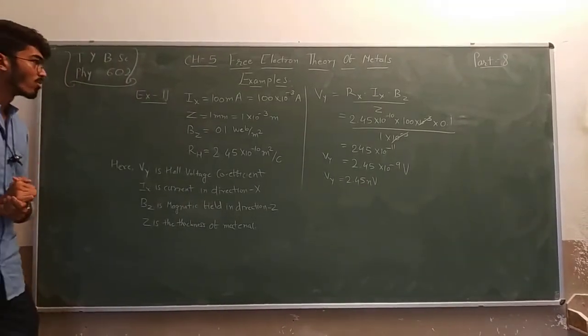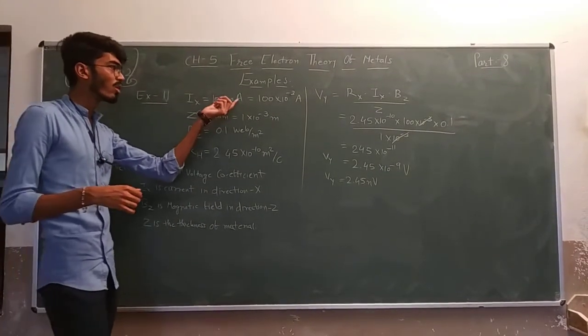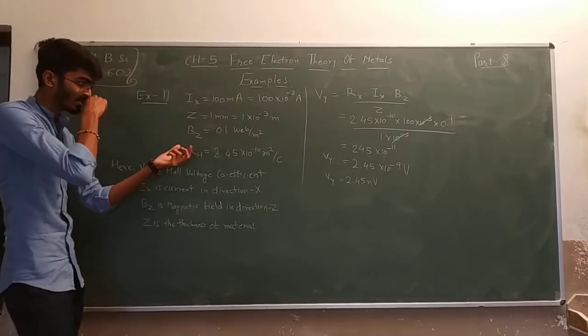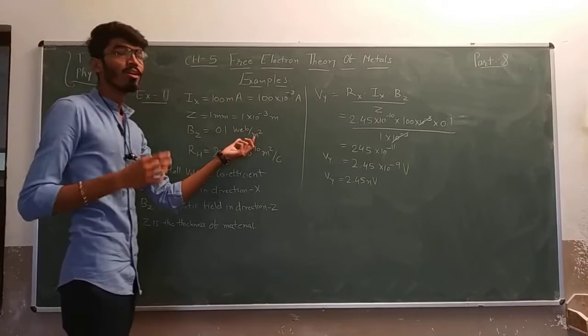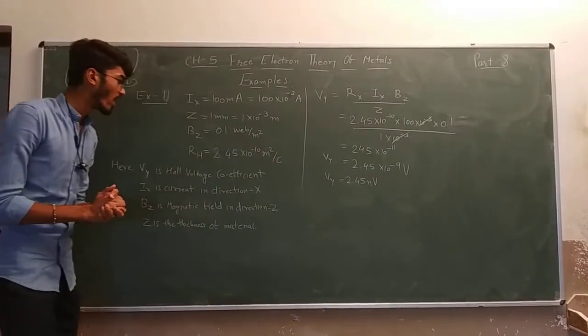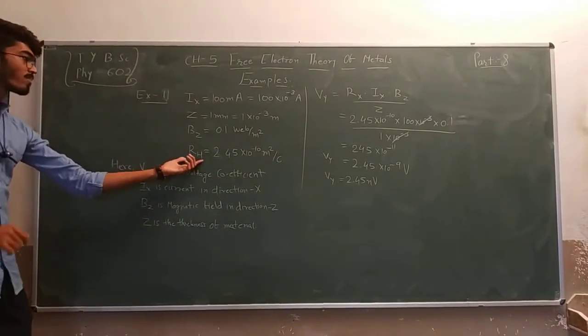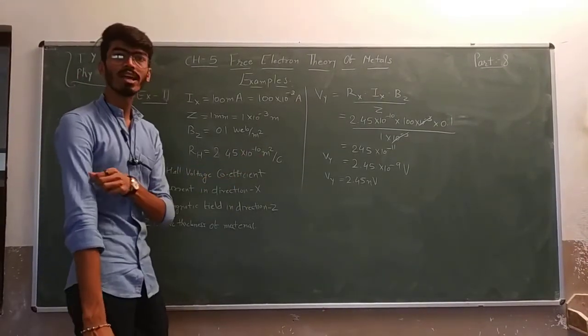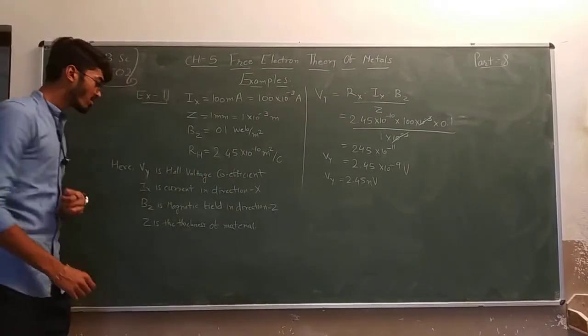So here for sodium, I of X is equal to 100 milliampere, Z is equal to 1 mm, B of Z is equal to 0.1 Weber per meter square, and lastly R of H is equal to 2.45 cross 10 raised to minus 10 meter square per coulomb.